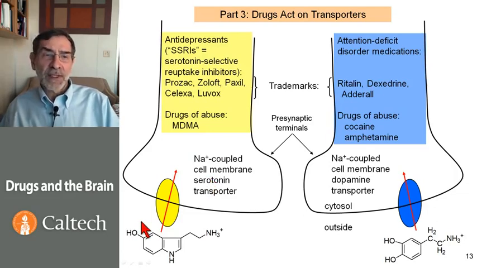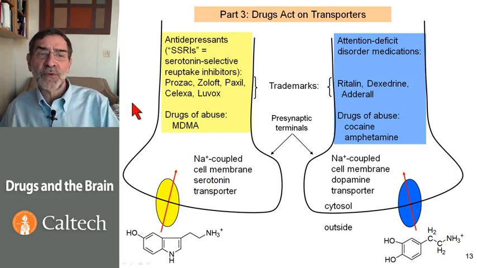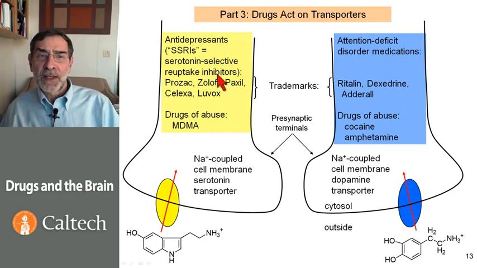The drugs that act on serotonin transporters are both drugs of therapy and of abuse. The therapeutic drugs are the serotonin selective reuptake inhibitors, or SSRIs. They are antidepressants, and they have trademarks that we are all familiar with. And they block the uptake of serotonin mostly into presynaptic nerve endings.